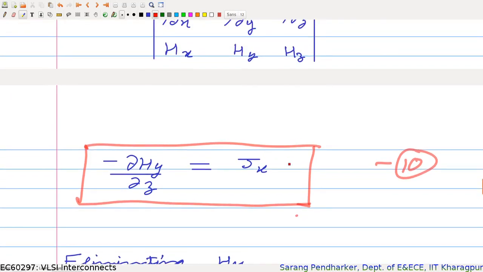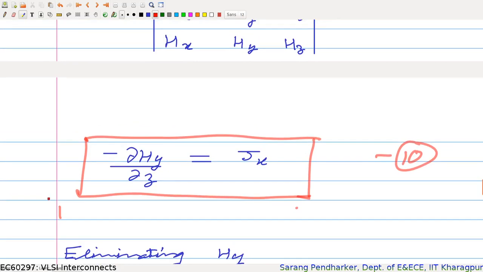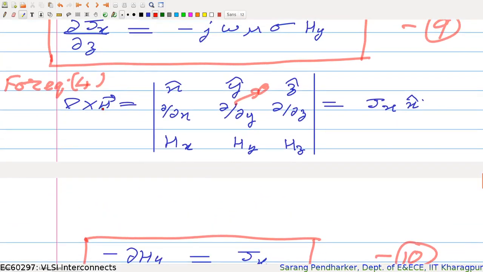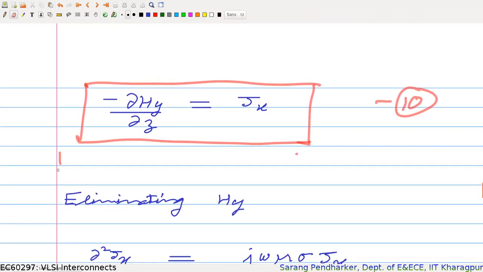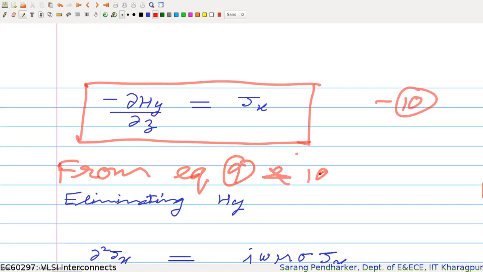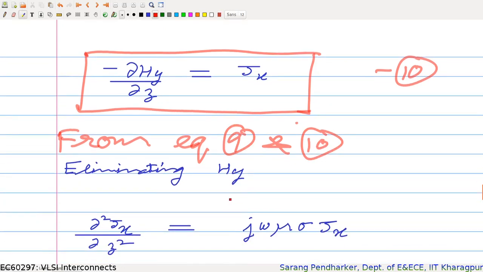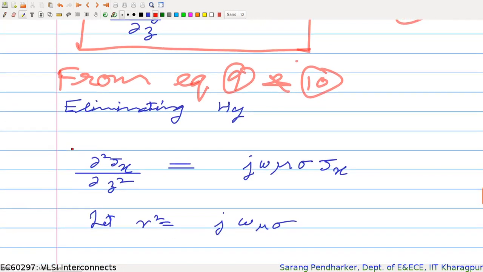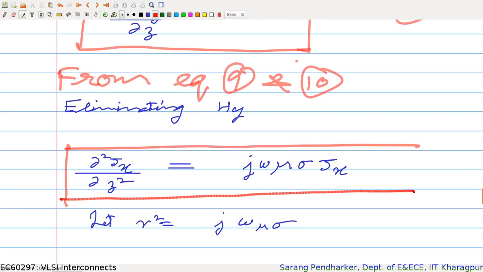Now from equations 9 and 10 we eliminate Hy, and finally we get a nice differential equation in this form.